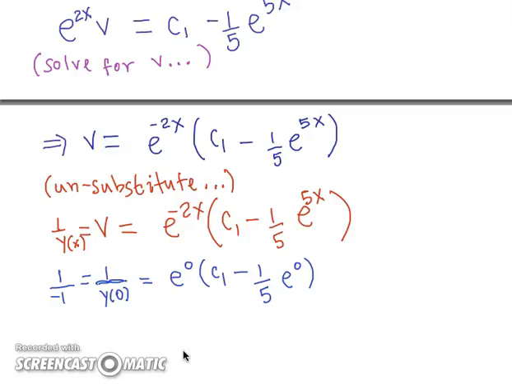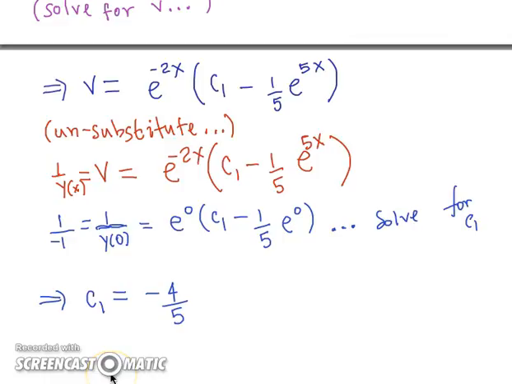This leads to an expression that is easy to solve. What we want to do next is solve for c1. A few steps of algebra lead us to find that c1 is -4/5.